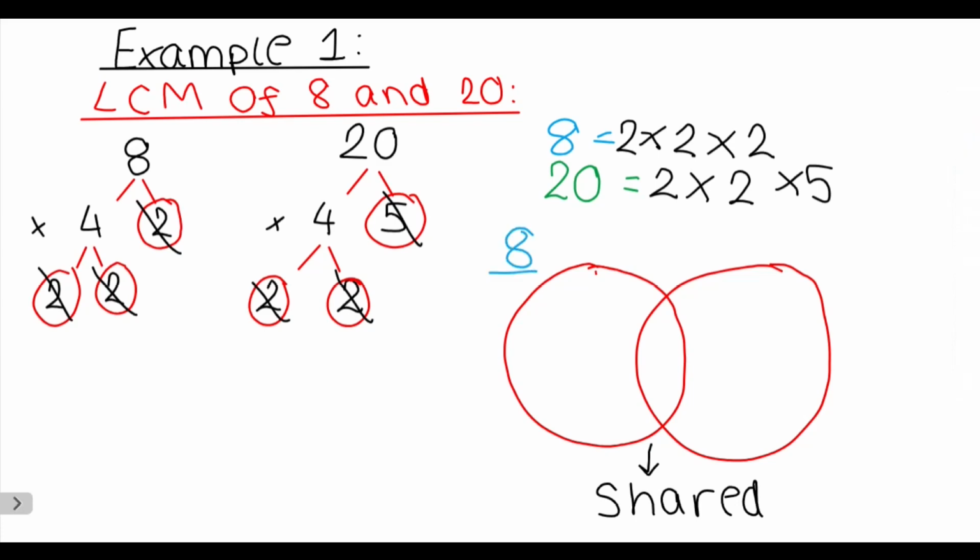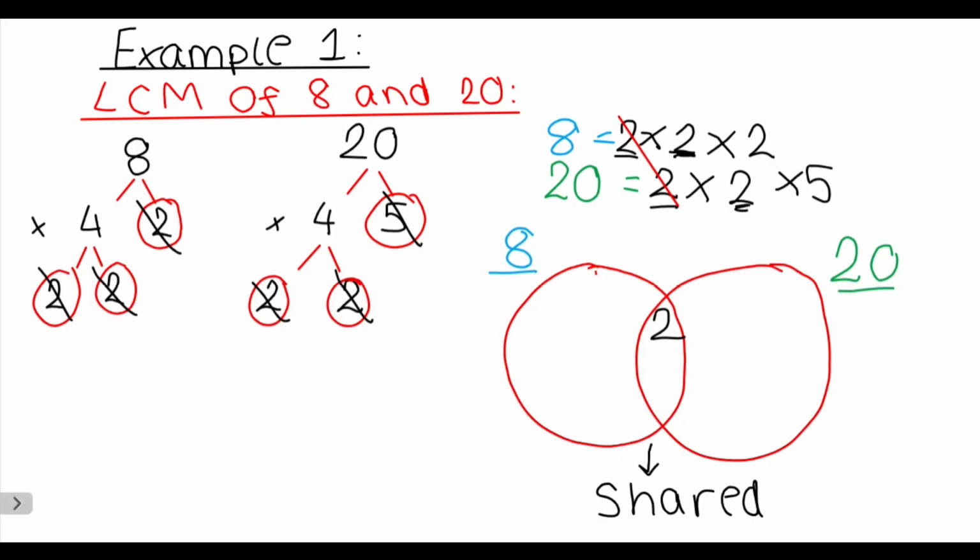So this side is going to be the 8, and the right side is going to be for the 20s. So now we need to find numbers that are in both of these columns. So we can see that there are 2 2s here, so we're going to pop that in the shared column. And then we can also see that in the next column, there is another pair of 2s.